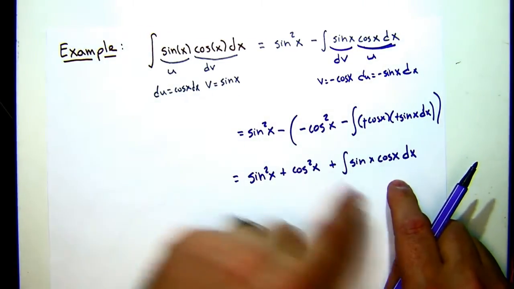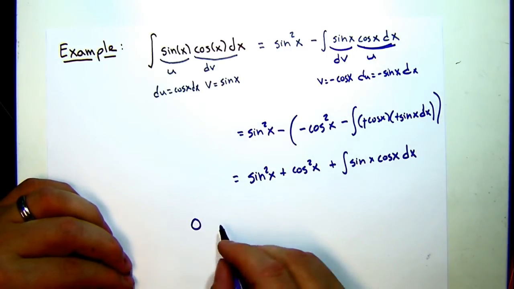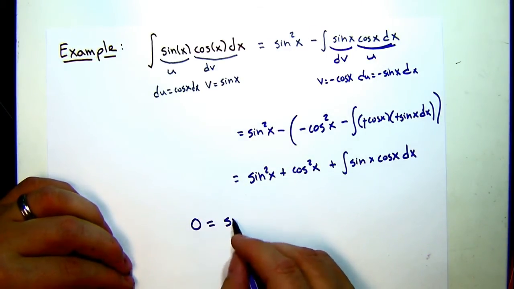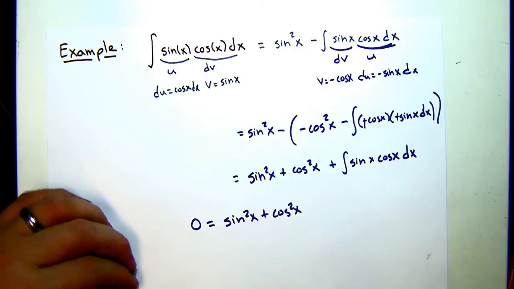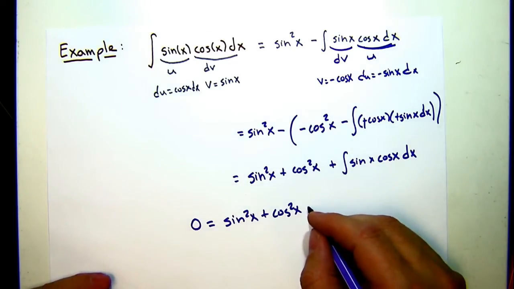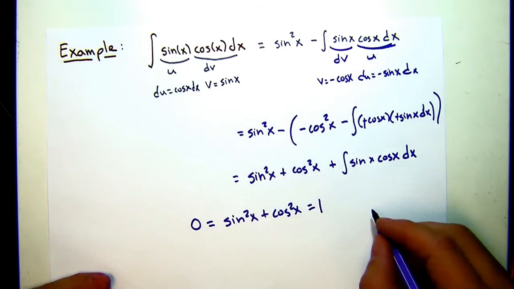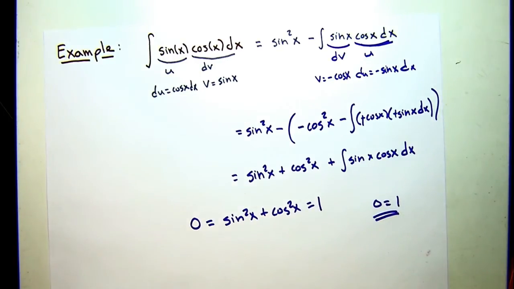Okay, wait a second. That's what we started with here. Okay, let's cancel. So if we cancel, we get 0 equals sine squared x plus cosine squared x. All right, cool. And from trig, we know sine squared plus cosine squared is equal to 1.